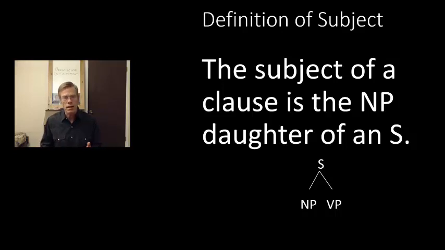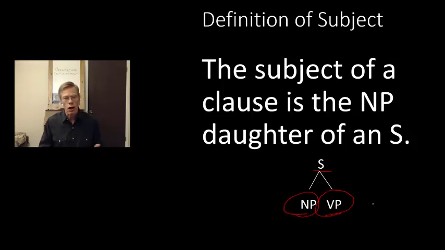Instead, we're going to say that the subject of a sentence is the noun phrase daughter of a sentence. So here we're using the metaphor, the analogy of a family tree, except for eliminating all of the males. So we only have mothers and daughters. This is our mother. These are our daughters.